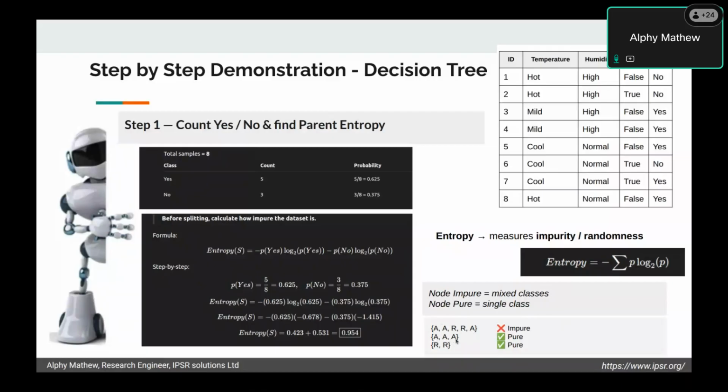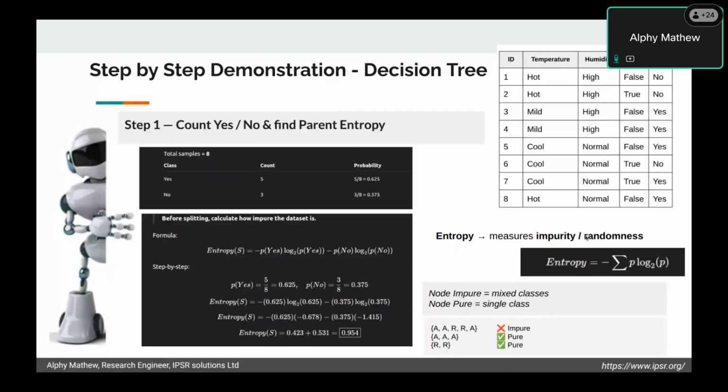Then look here: all are A, which means it is pure. In such cases, the entropy will be 0. Here it is also pure because only R is there, so the entropy will be 0. So entropy is the measure of impurity or randomness.